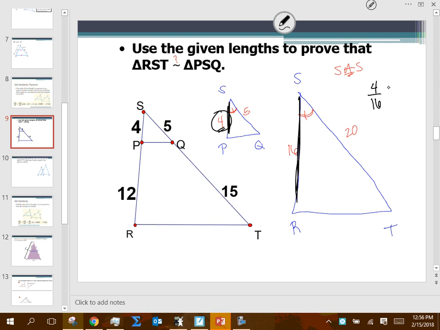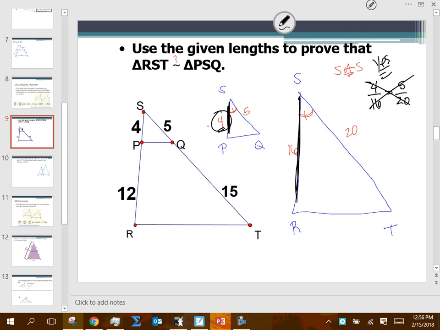So 4 compares to 16. What's 5 going to compare to? 20. So, what's 16 times 5? 80. What's 4 times 20? 80. Are those two sides in proportion to one another? Yes. Is the angle in between congruent? Yes. So yes, these two triangles are similar by side angle side.